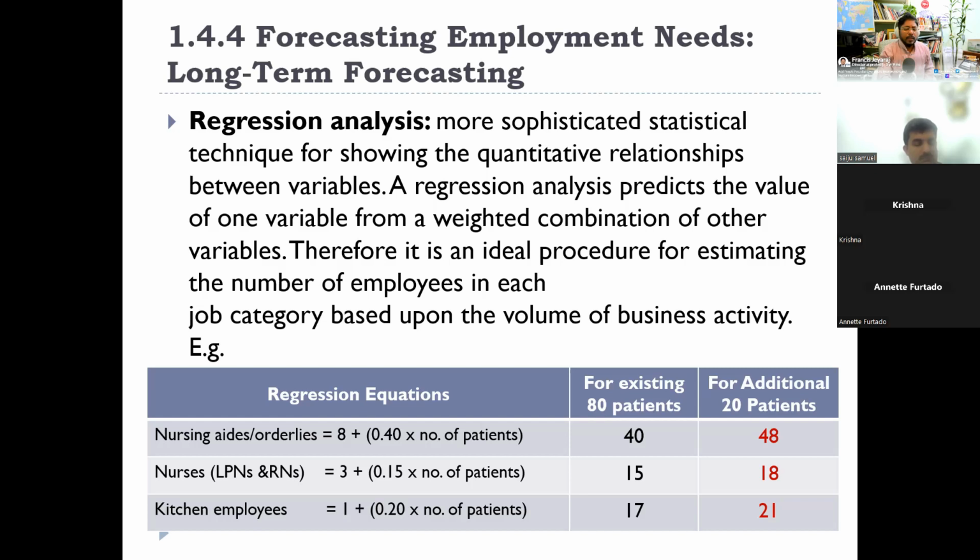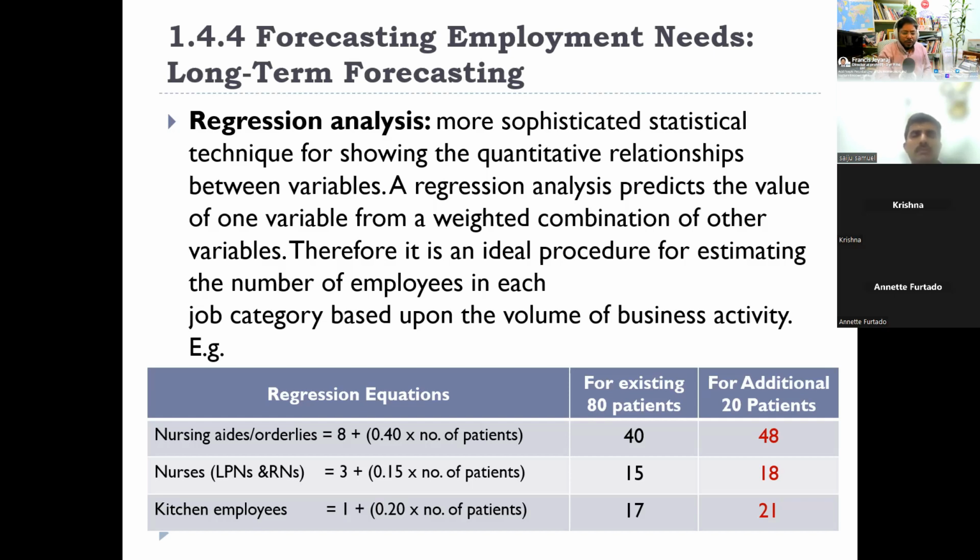City General Hospital aims to accurately estimate the number of employees needed in various job categories based on the volume of patients being treated. The hospital has historical data on the number of patients treated and the corresponding staff levels across different departments. They already have some base numbers, including nursing, medical, administrative, and support staff.